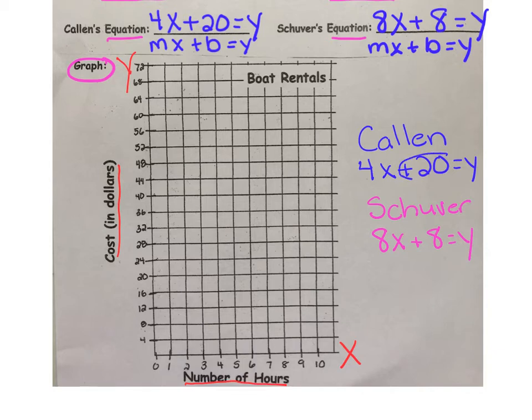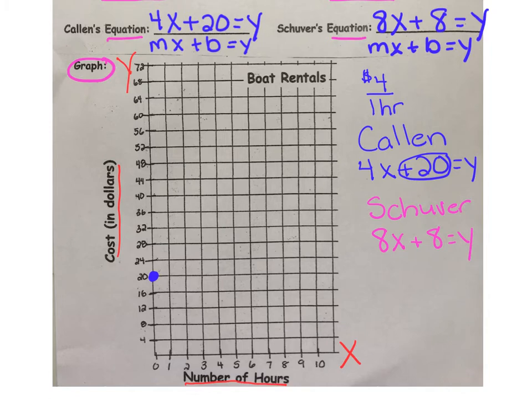We see our initial start value is 20. That's our y-intercept, and it's located here. We are going to increase at a rate of $4 per every 1 hour.